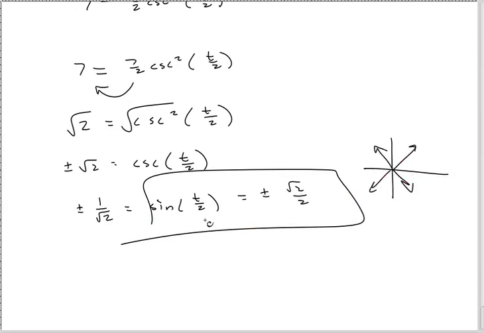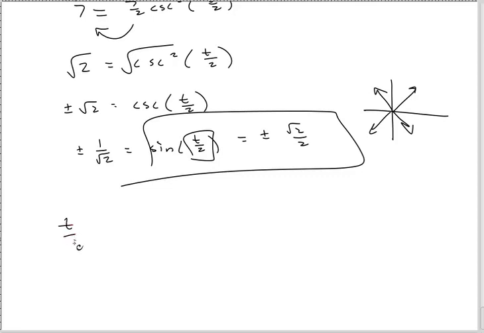Now remember that we're still dealing with t over 2. So my t over 2, the angle on the inside, should be one of these angles. I would like to say 45 and 135 and all that kind of stuff. Well, we're going to do the radians, so pi over 4, 3 pi over 4, 5 pi over 4, 7 pi over 4, and it'll keep going, but that's good enough.